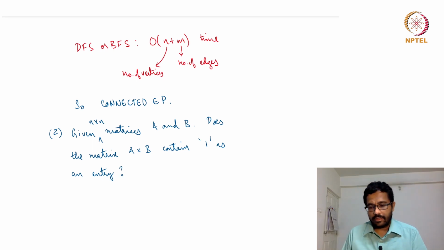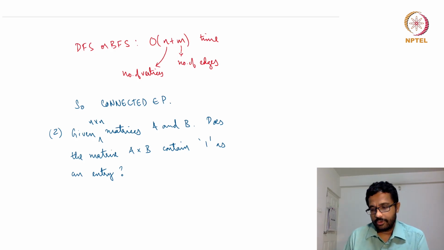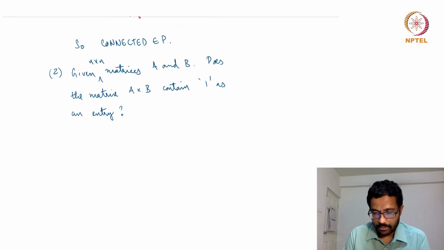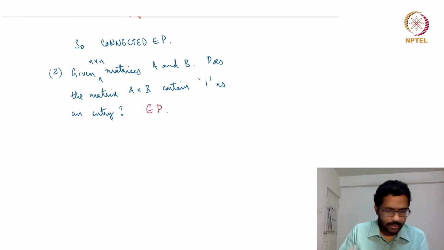So does the product AB contain 1 as an entry? So this is another computational problem. Again, you could just multiply the matrices and then check whether it has a 1 as an entry. So this is also in P. I am not going into detail, you can work that out.